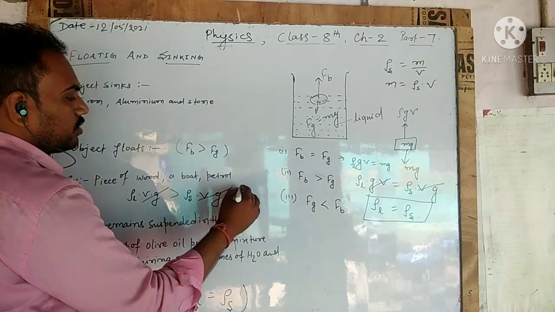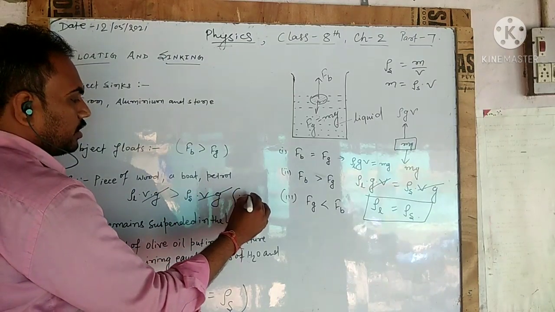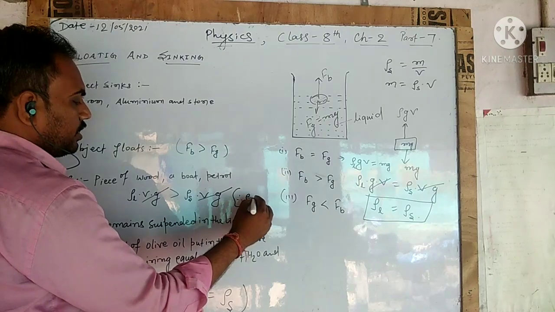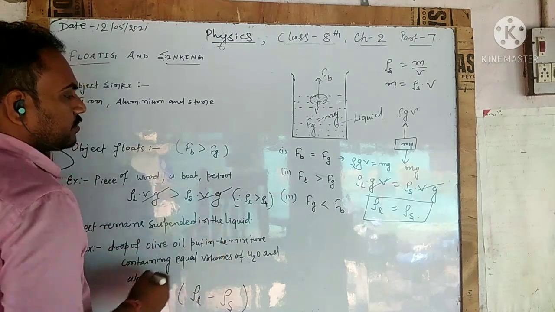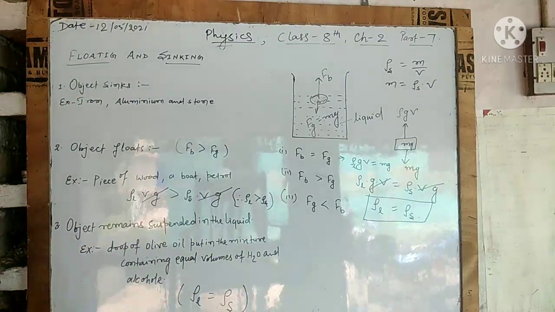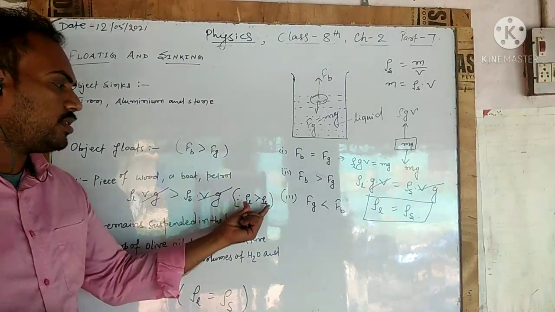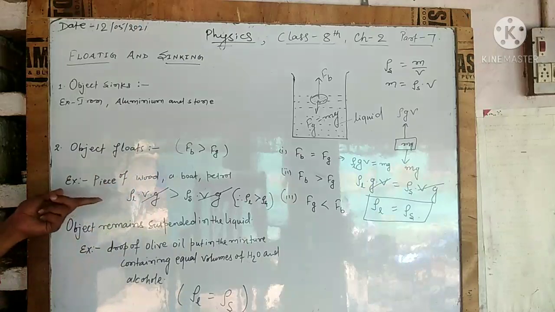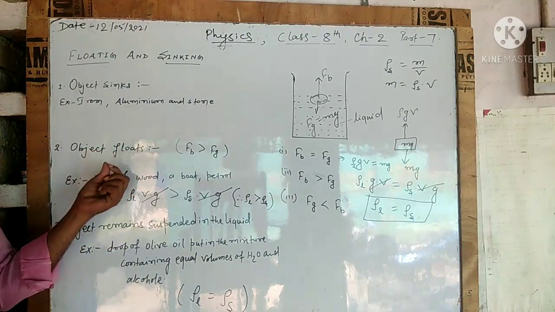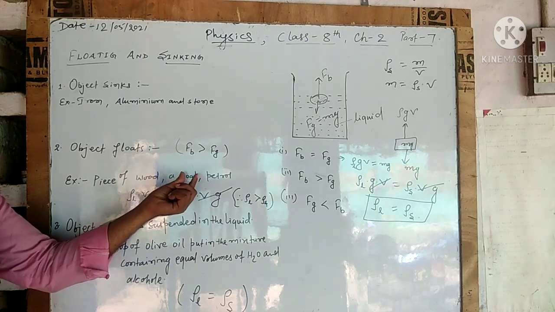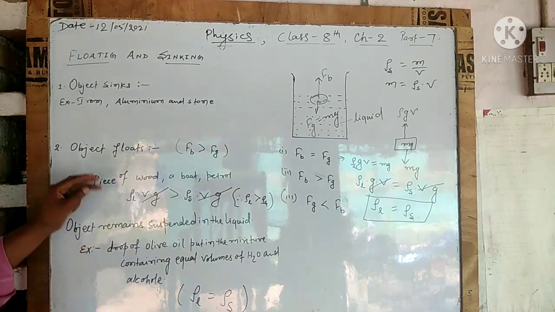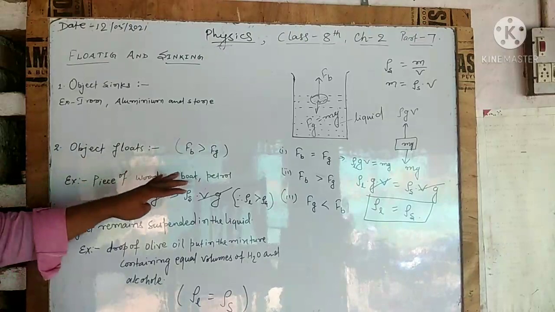This will cancel out, which means the density of liquid is greater than the density of substance. In this condition, the object will float. A piece of wood, a boat, a petrol drop, when placed on the liquid surface, will float.